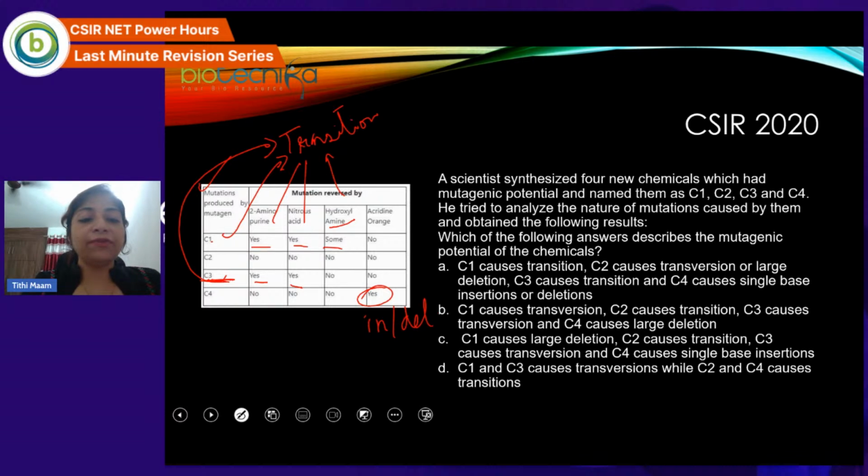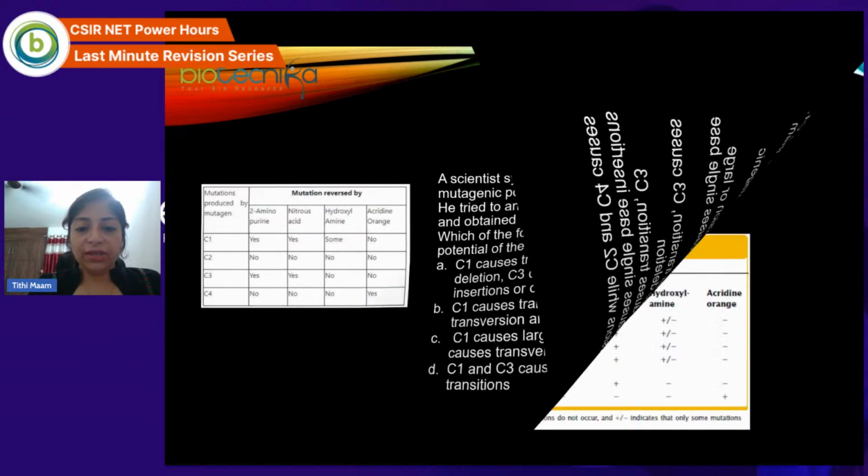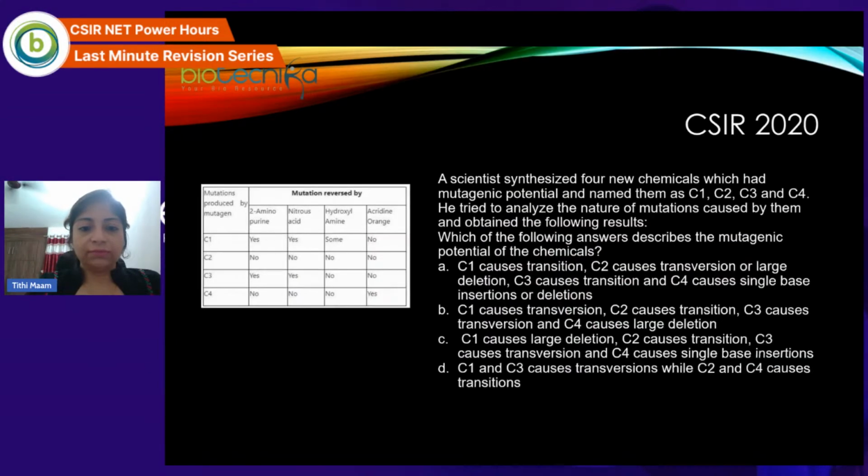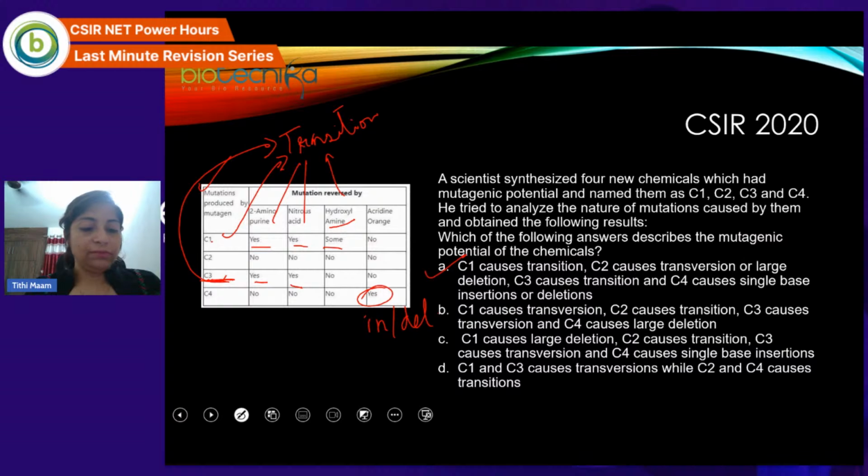That means C4 is a single nucleotide insertion or deletion. So the answer will be option A: C1 transition, C2 transversion or large deletion, C3 transition, C4 single base insertion or deletion. Is that understood, everyone?